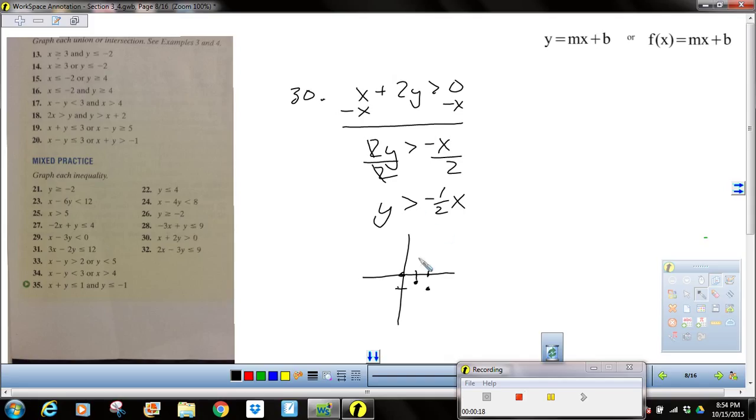Because it doesn't have the equal to part, it should be a dotted line. And it says y is greater, so I'm going to shade above.